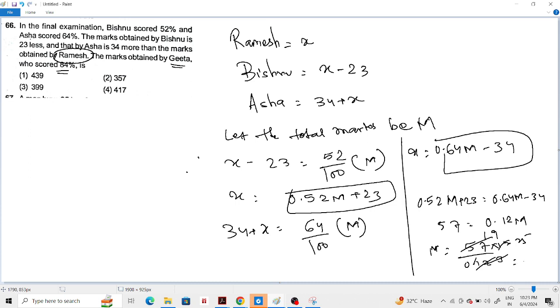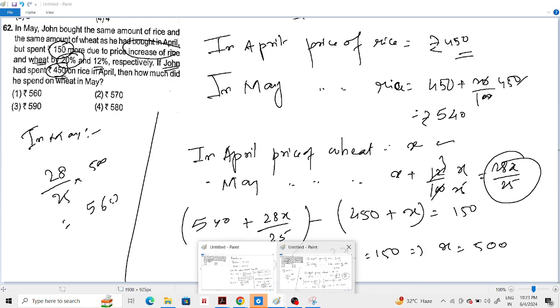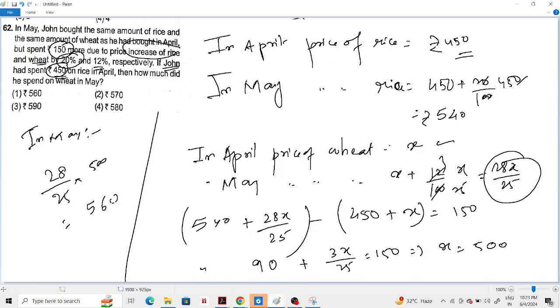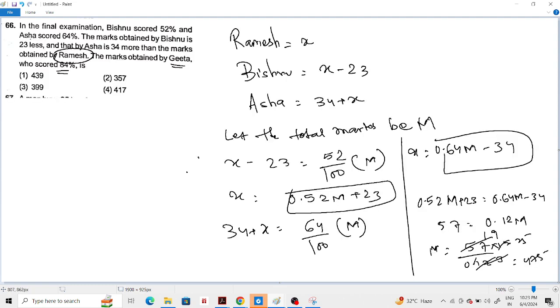So that is going to give me, if I calculate it, 1925 by 4, that is 475. So 475 is the total marks.